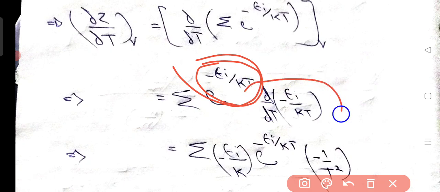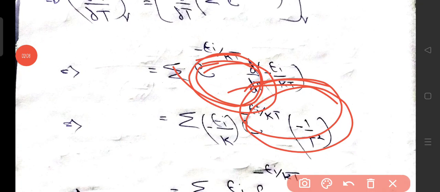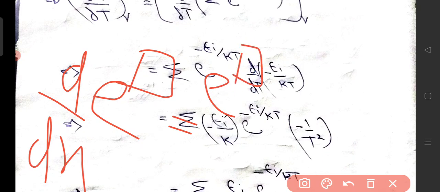So you must take the derivative of this power. I repeat the formula again: if you have e power box, the result is e power box into the derivative of the box. Just simple.